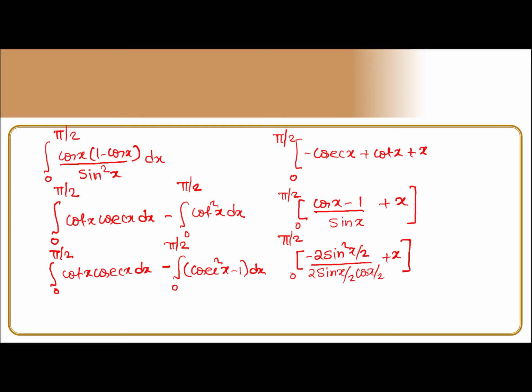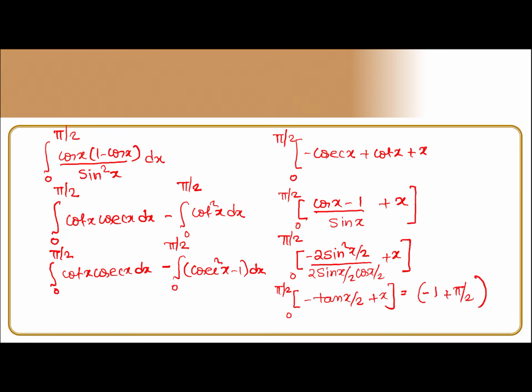So finally we get, from 0 to pi by 2, minus tan x by 2 plus x. Now we substitute the values. When we substitute the values, we get minus 1 plus pi by 2.